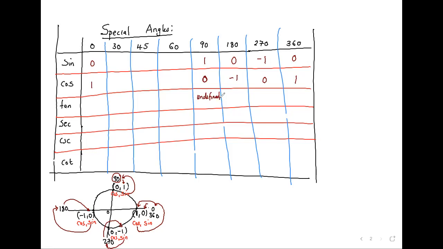Sec 90 again is undefined because cos sits in the denominator. Cosec 90 would be 1 over 1, so that is going to be 1. And cot 90, remember cot is cos over sine. Because cos is 0, cot is going to be 0 at 90. So this is what I mean by demonstrating on the other ones.